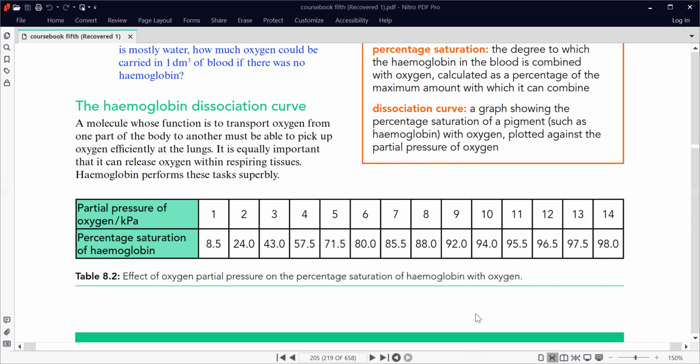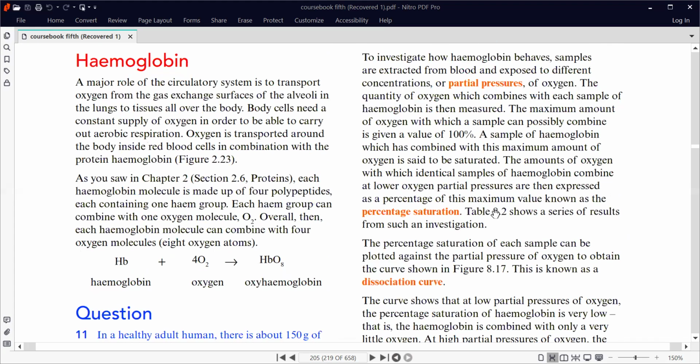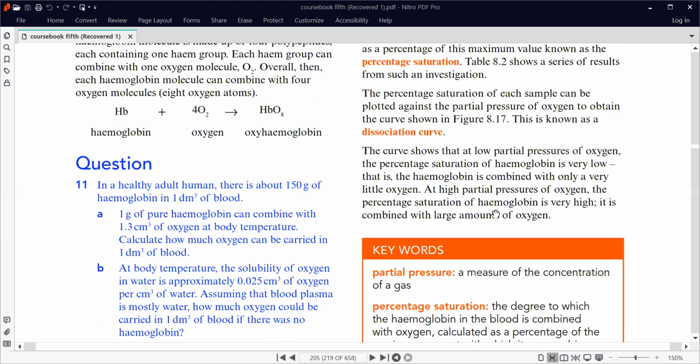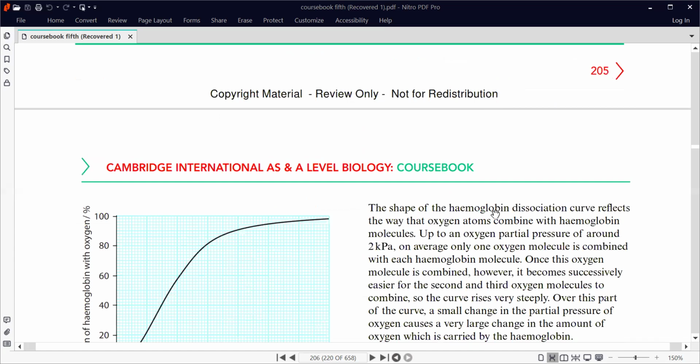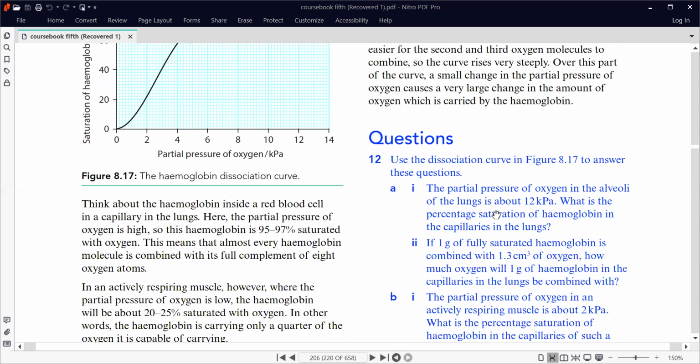So a curve is made over there. You can see a curve over there. It is not 100% saturated. It is 98% saturated at the 14 kilopascal pressure, and this curve is showing you this.